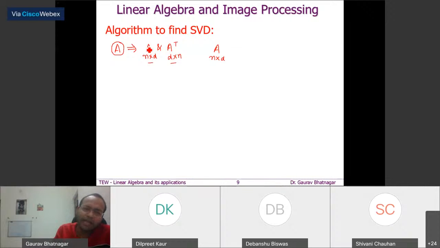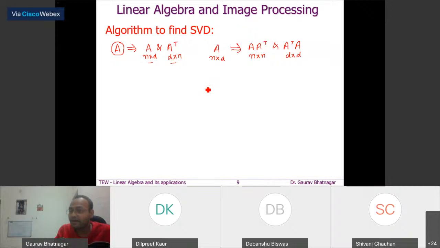So I can multiply A with A transpose and A transpose with A. So given A, I can always find out two matrices, A A transpose and A transpose A. The size of the matrix A A transpose is going to be n cross n, and the size of A transpose A is going to be D cross D.